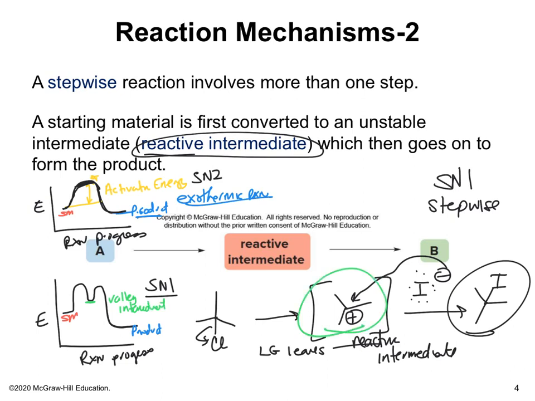And so here's the carbocation intermediate. And you have two activation energies. You have that one, and then you also have this one. And this is a stepwise reaction. The 1 and the 2 mean something different. It's really about the kinetics. And we'll talk about that.